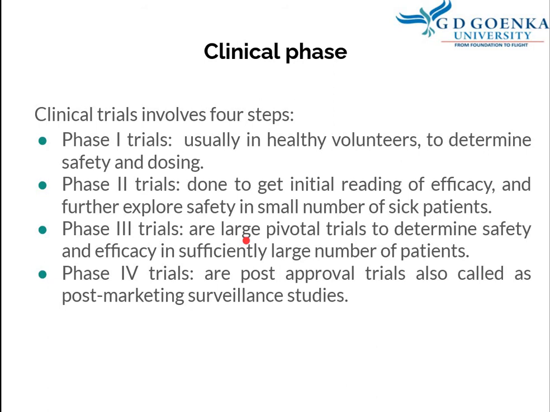Upon completion of successful phase 3 trials, the documents and the reports, along with chemistry, manufacturing, and controls, are filed with regulatory authorities to obtain permission to market, and they obtain a license to market that particular drug.